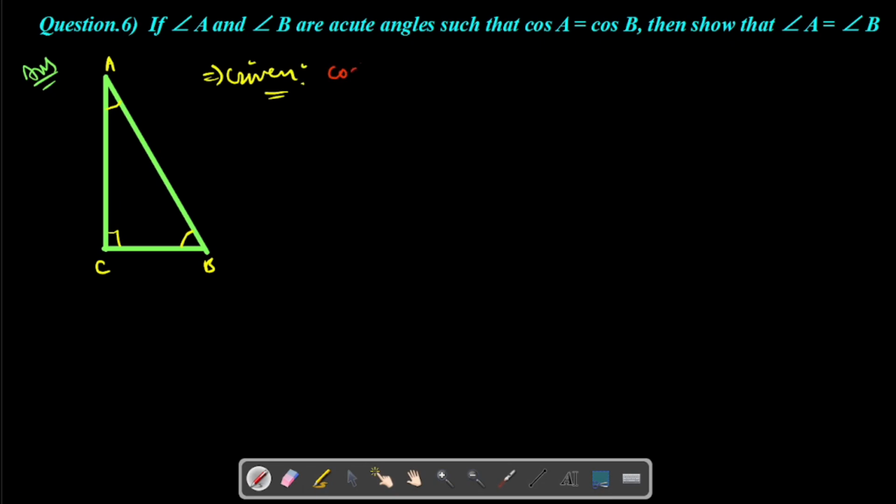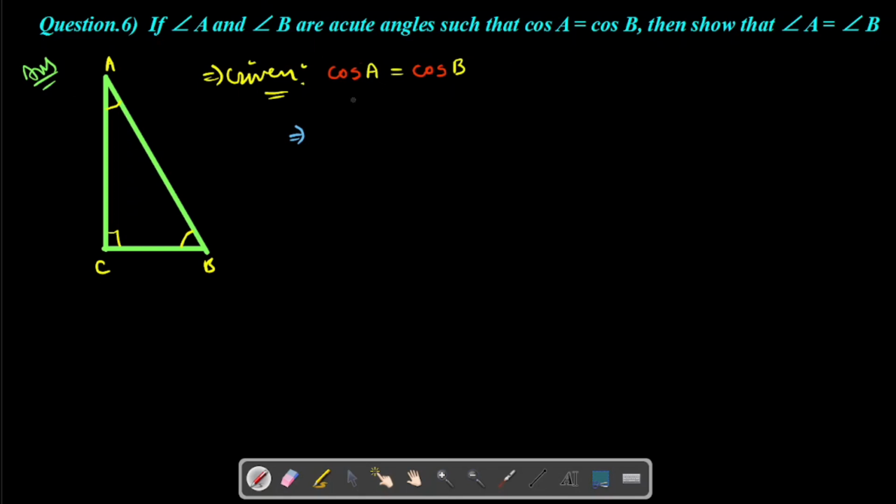So here cos A is equal to cos B. First of all, understand the diagram and the meaning of this. What can you find from this given equation, that cos A is equal to cos B? We just have to understand the equation properly.